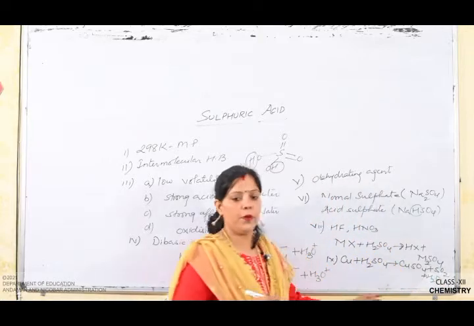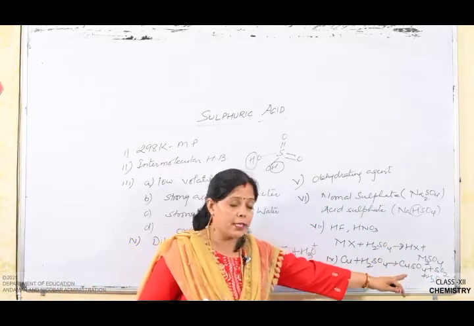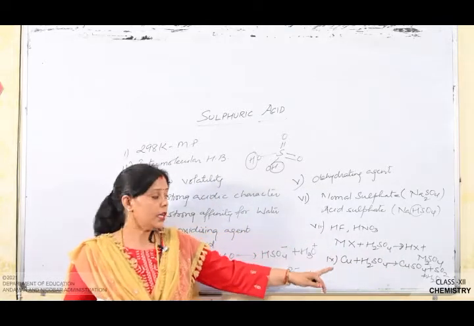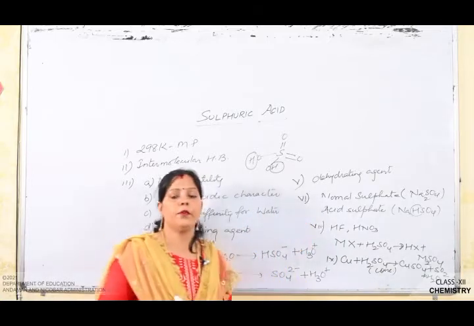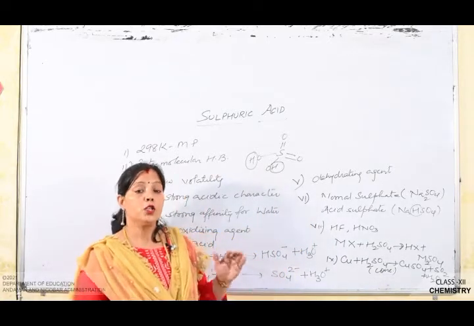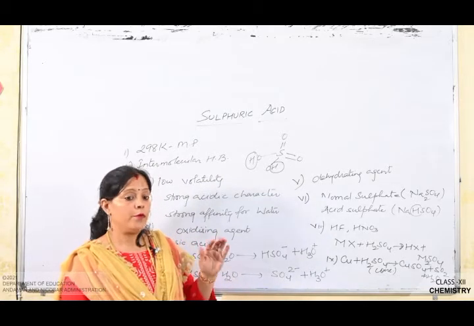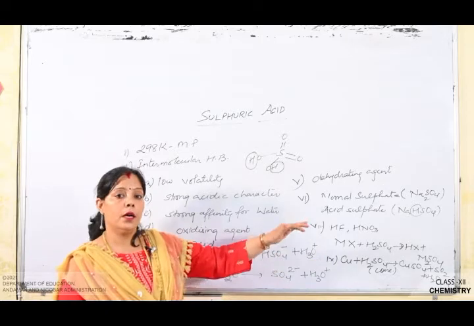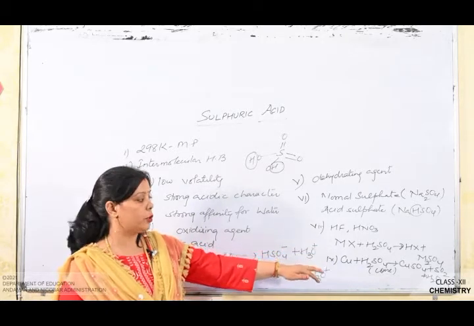This reaction indicates that here we take the sulfuric acid in the concentrated form. So the concentrated sulfuric acid is acting as a moderately strong oxidizing agent. It can oxidize metals as well as non-metals, and itself undergoes reduction to SO2.